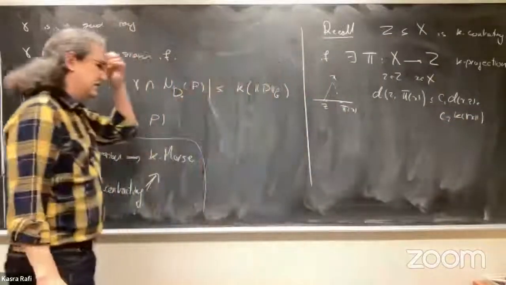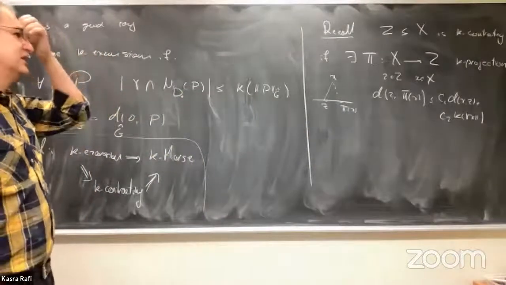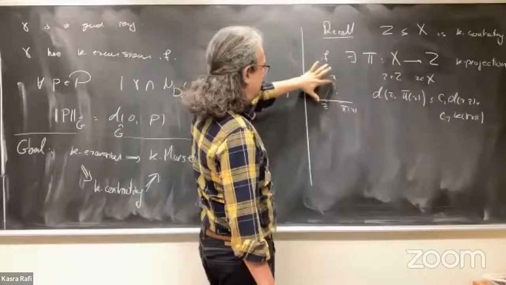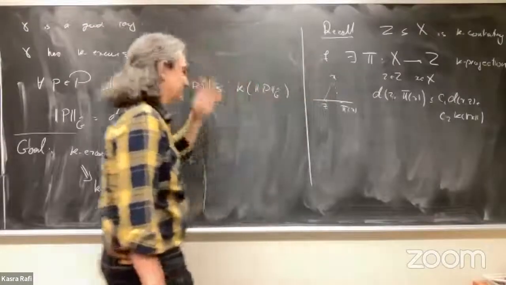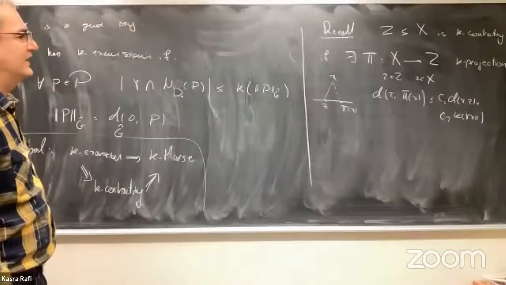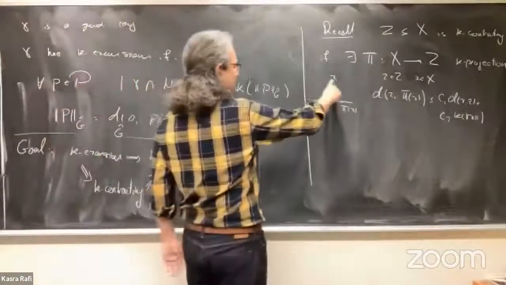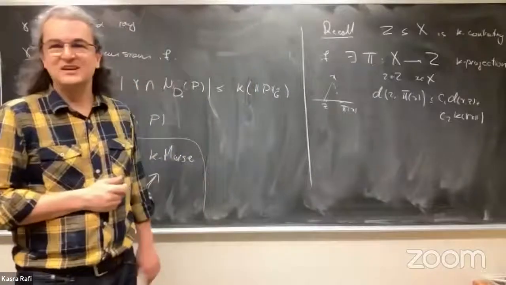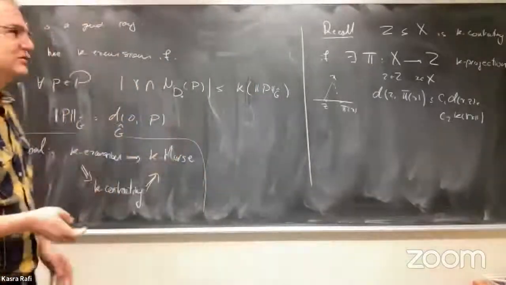So up to an error term of kappa, the map is Lipschitz as far as the points from here to here are concerned. So the projection is distance non-increasing up to a kappa error term. A very, very weak notion of projection.